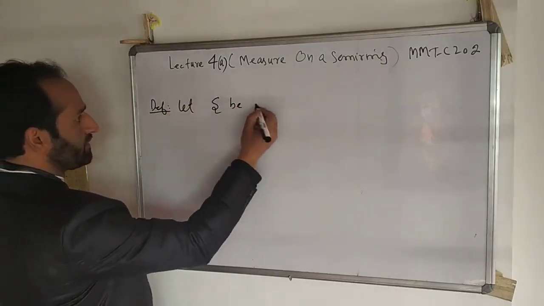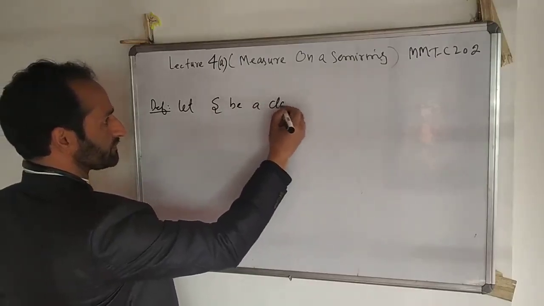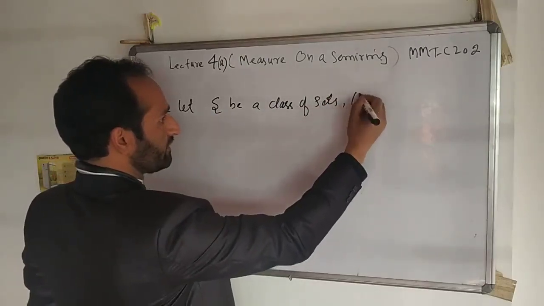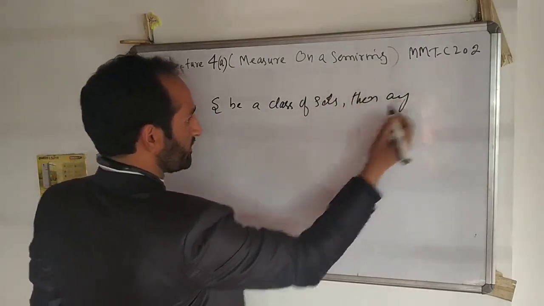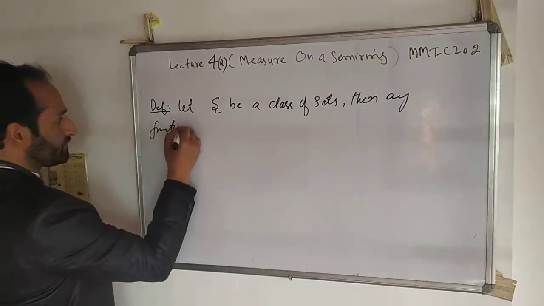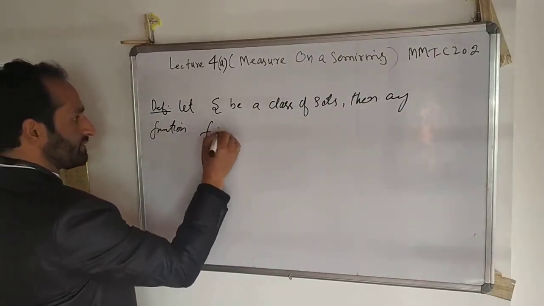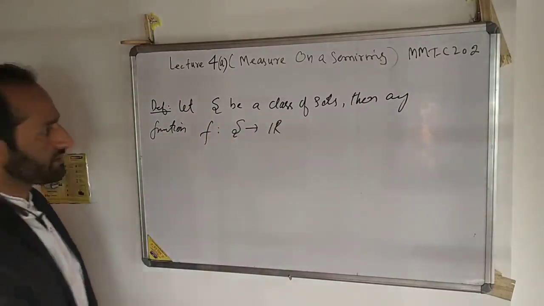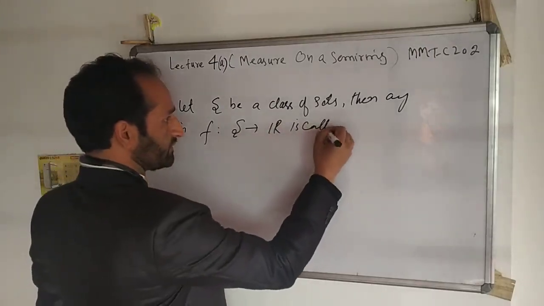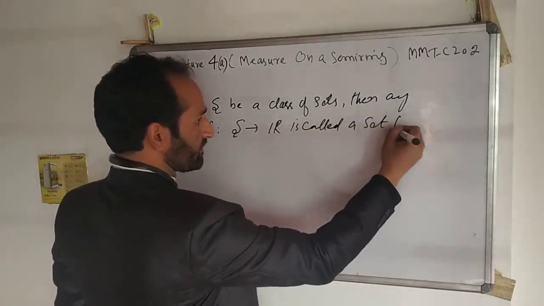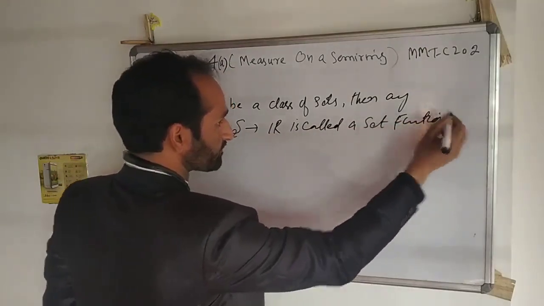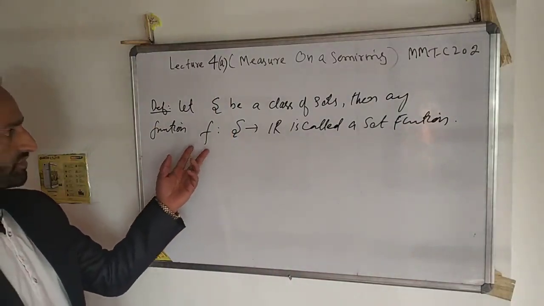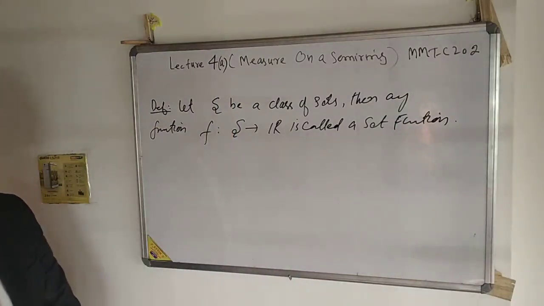Let S be a class of sets, then any function, say f from S to R, is called a set function. So in a set function, we calculate the value of a function on a whole set, not at a point.